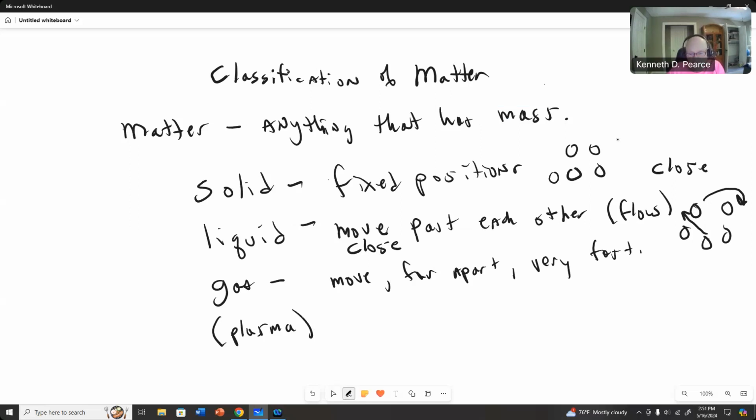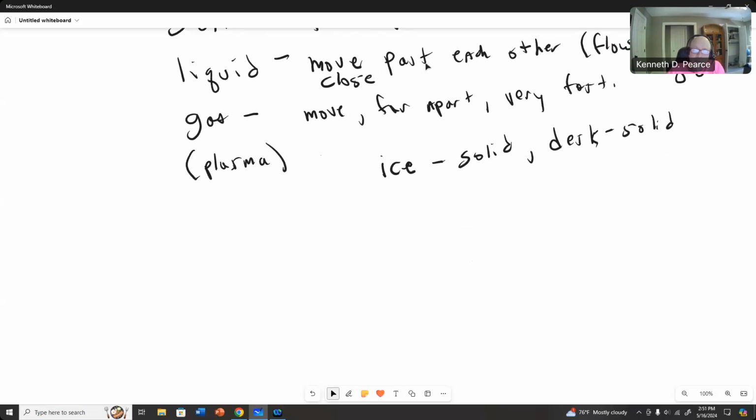So, if we were to say, what is ice? I like using water as an example of these things. We would say that's a solid, as is, say, a desk. That's a solid too. It's different kinds of solids. And then you can have liquids.